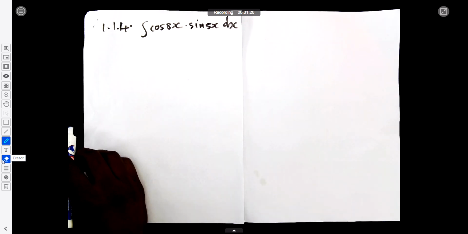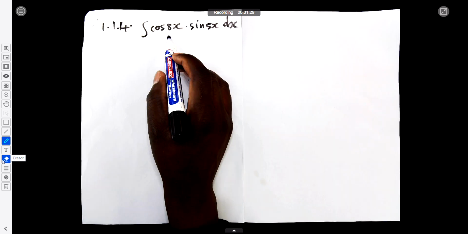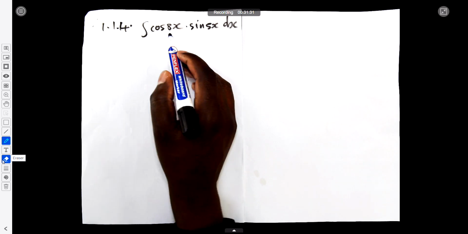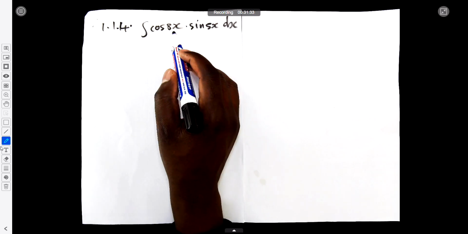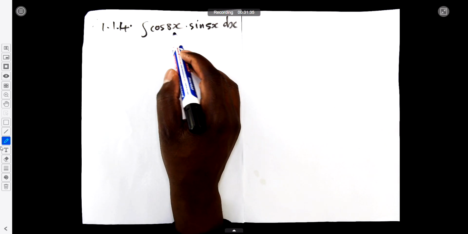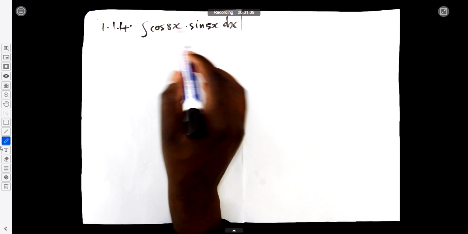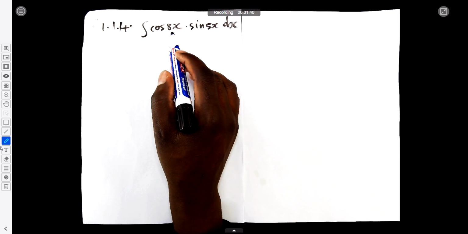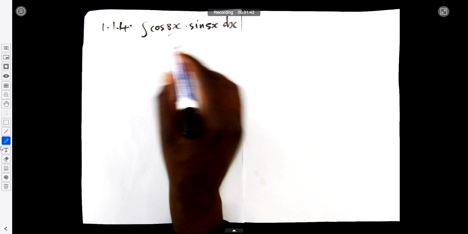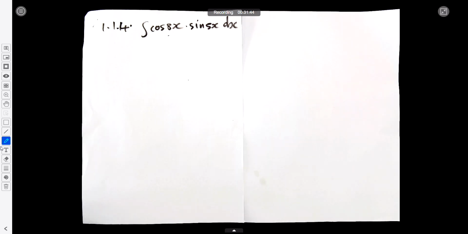You need to recall the different coefficients of the angles of cosine and sine. So the coefficients are different in the angles. So we say these are different coefficients of the cosine and sine functions.